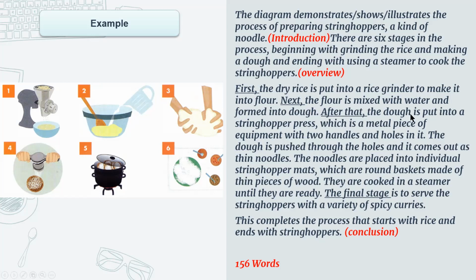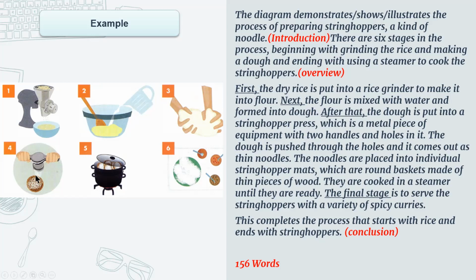So we started here for the fourth step. I'm sorry. After that, the dough is put into a string hopper press, which is a metal piece of equipment with two handles and holes in it. The dough is pushed through the holes and it comes out as thin noodles. We are still describing the fourth step in the process.